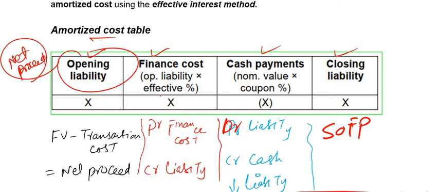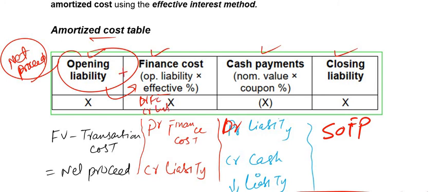So you will multiply this opening liability with the effective interest rate, and you will get finance cost. This finance cost will be charged to profit or loss, so it will increase your liability. Meaning a debit to finance cost and credit to the liability, right?